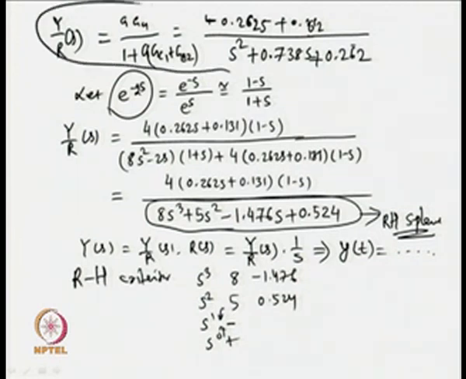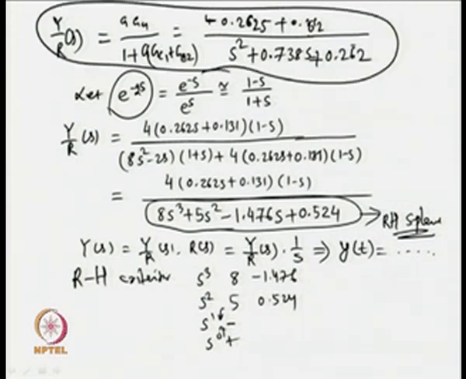So, this is what we get when the inner feedback controller is present in the loop.